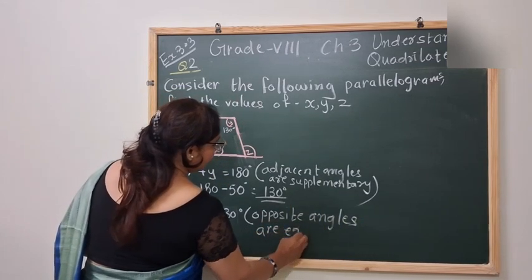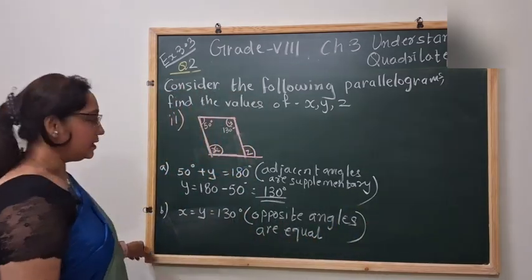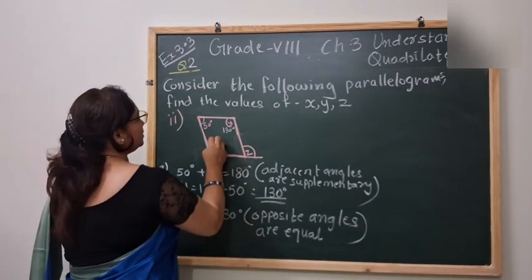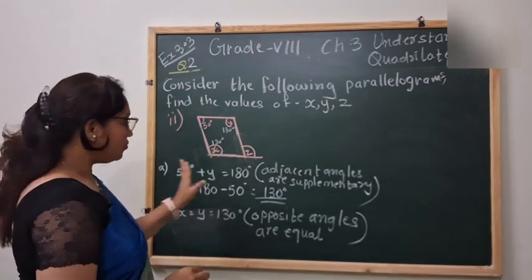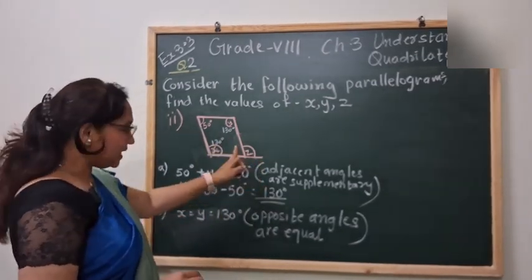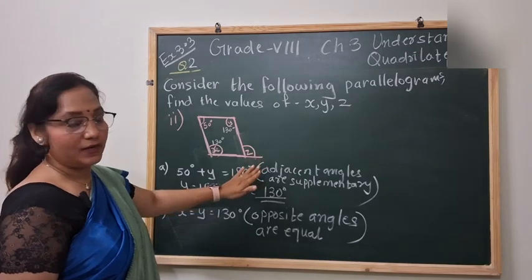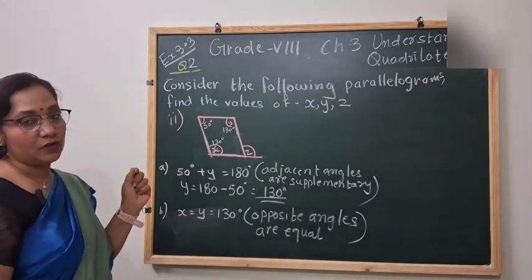Opposite angles of a parallelogram are equal. Right, now I got x also as 130. Now think over it, how we will find z. Now z is not an interior angle, it is an exterior angle of this parallelogram. So just imagine and think over how you will find it out.